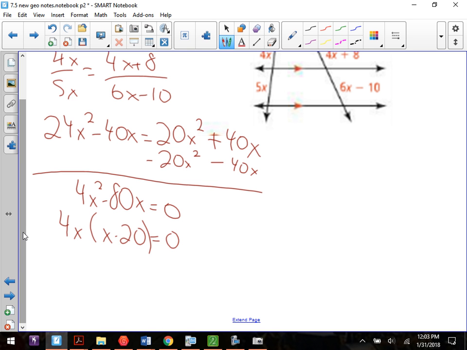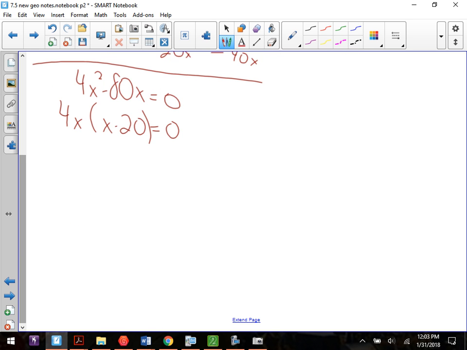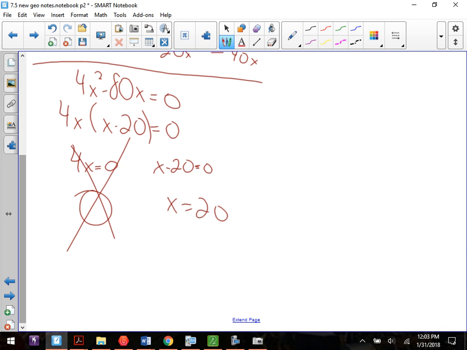Your two terms: 4x could equal 0, or x minus 20. What times 4 equals 0? 0. Then this one has to be 20. We can't have 0 here.